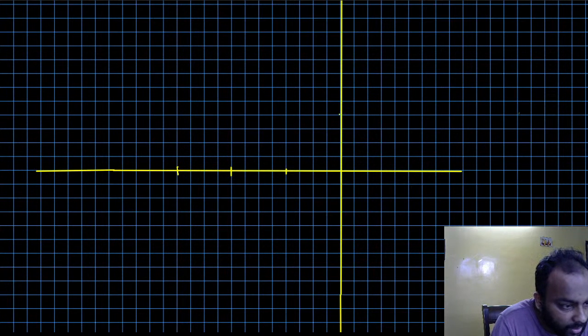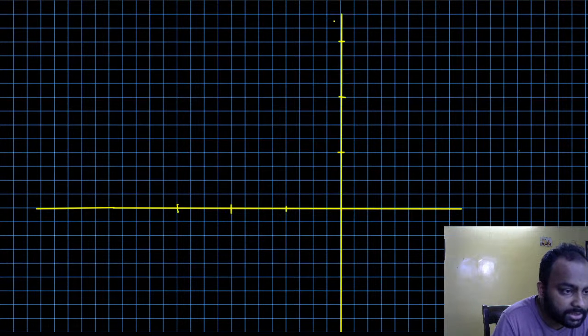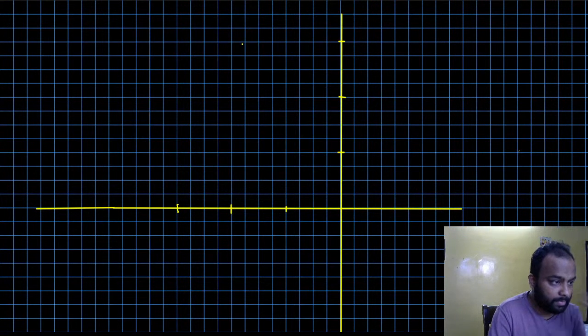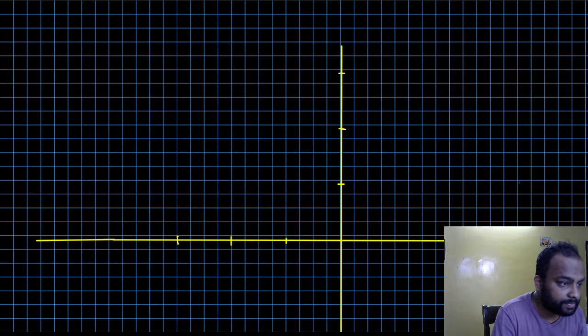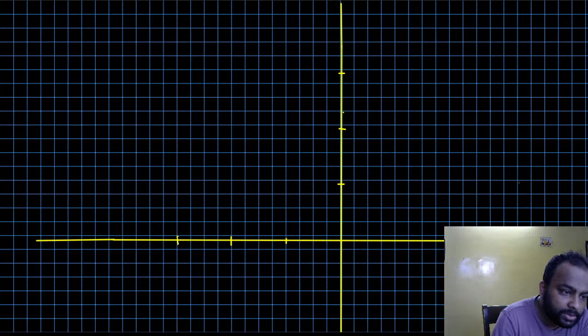And this is 1 on this axis, this is 2 on this axis, this is 3 on this axis. It was supposed to go beyond that, but unfortunately I made a poor drawing once again.